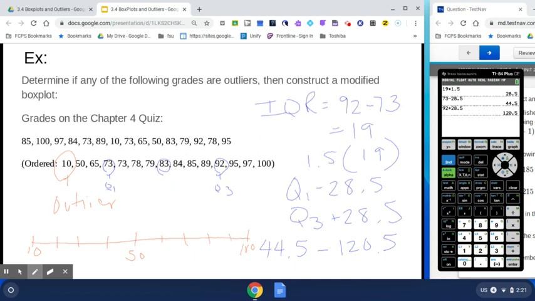Okay, so there's my scale. I'm counting by tens. And 10 is an outlier, so it's going to be a separate dot. The new min is going to be the next smallest number, which is 50. My Q1 is 73. My median is 83.